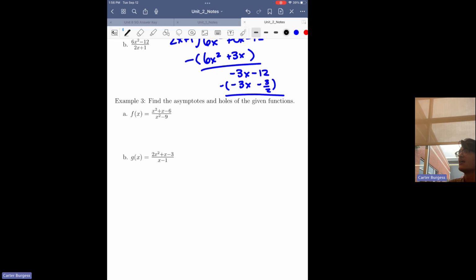So we can start with vertical asymptotes, but now we also need to check for holes. So I still need to factor my denominator to find the zeros, but now what else do I need to factor? I have to factor the numerator as well to see if any of them are being kept in line. Okay, so looking at A here, what is my numerator going to factor to?